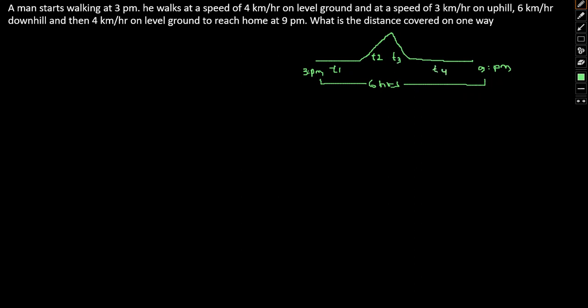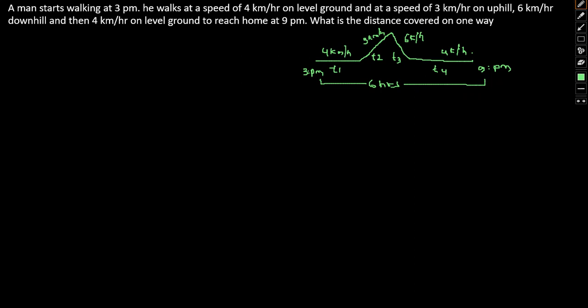Here his speed is 4 km per hour, here it's 3 km per hour, again it's 6 km per hour, and here it is again 4 km per hour. So this is his speed. Now we have denoted all the times from the speed respectively.